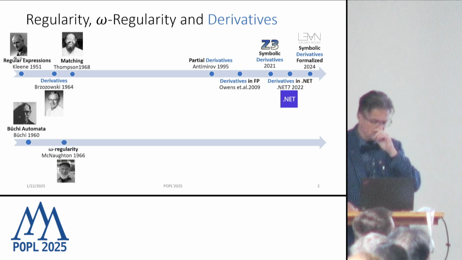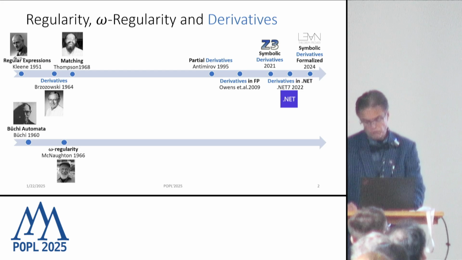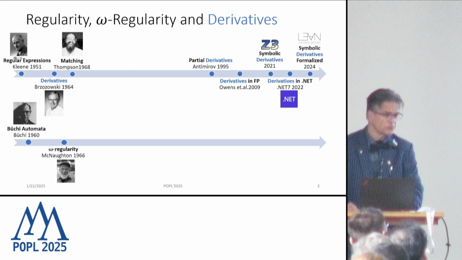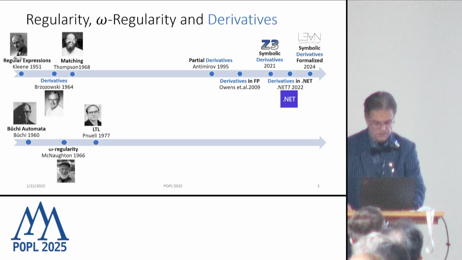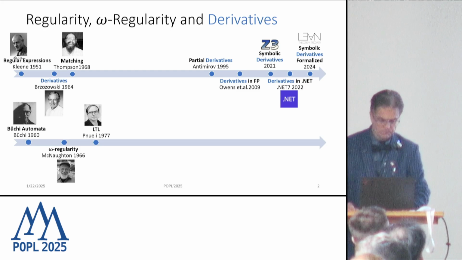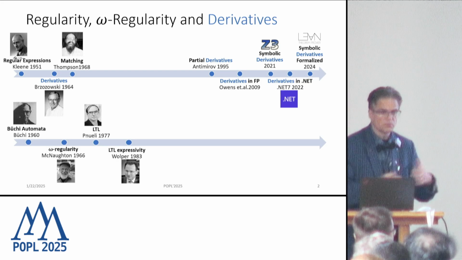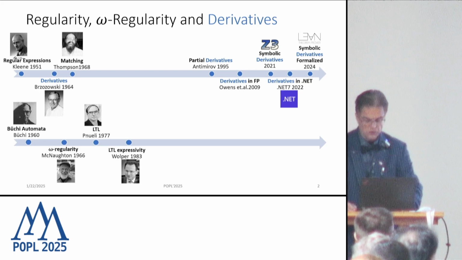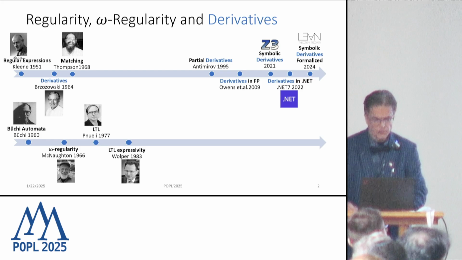Now, if we look at the parallel track of Büchi automata, we have omega-regularity, then the core work of relating Büchi automata to regular languages by McNaughton, and then the introduction of LTL, or linear temporal logic, in '77 by Pnueli, and then the study of LTL and tableau methods by Wolper, but also noting that LTL is not expressive enough for certain very common properties.